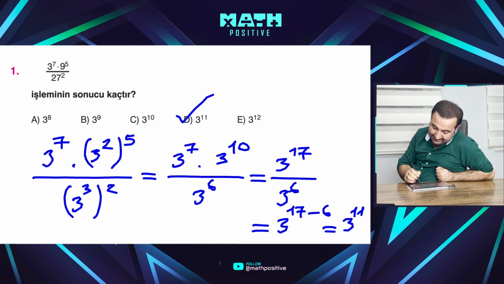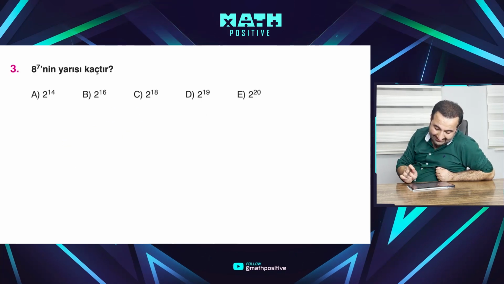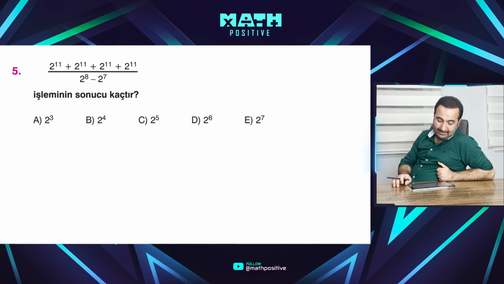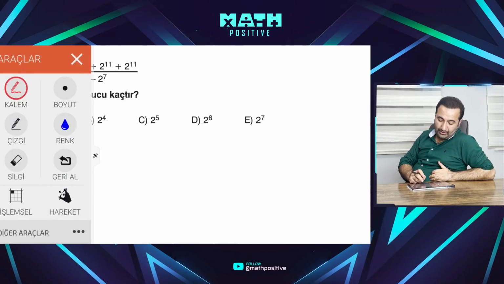We can write this as 3 to the power 17 minus 6, which is 3 to the power 11, and the answer would be D. Okay, my friends, this is using our rules, combining our three rules together and finding the solution of this question.